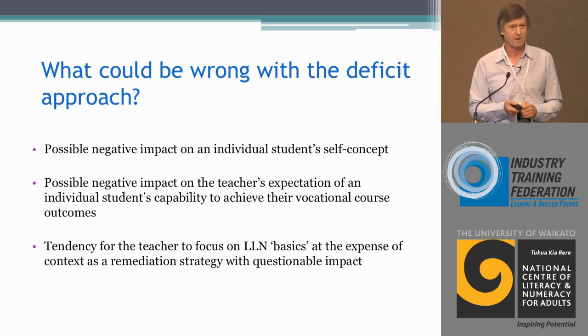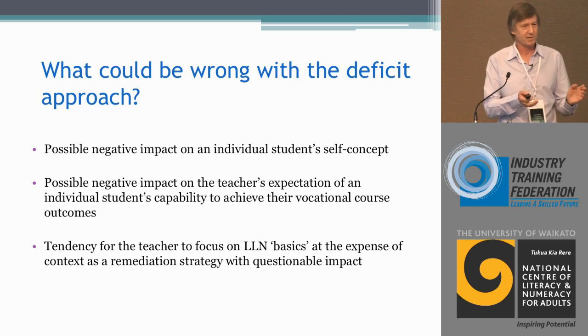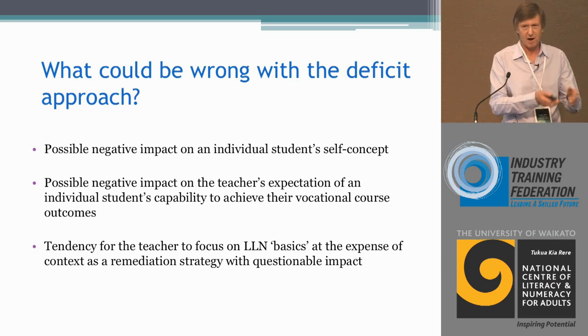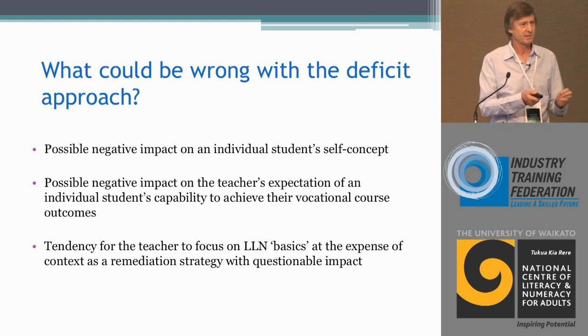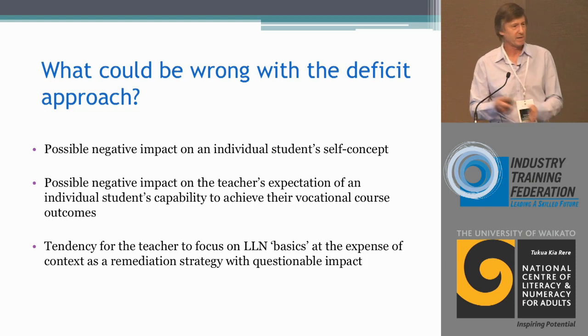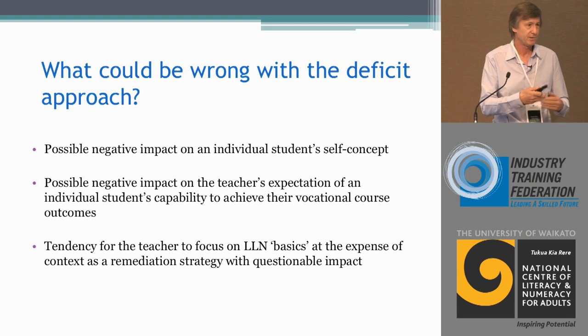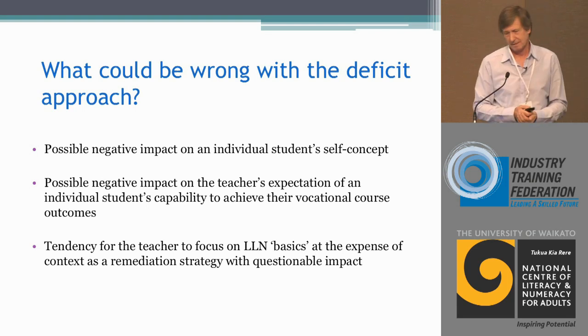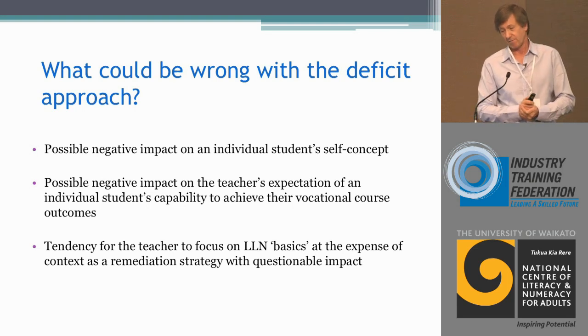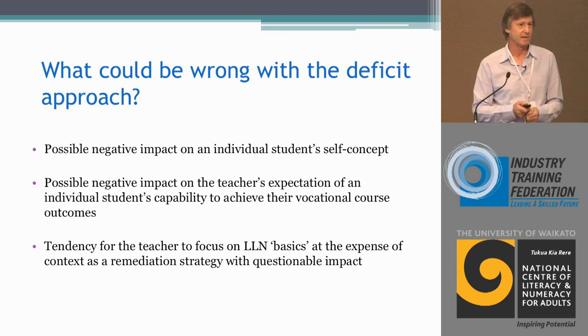You tell a teacher that they've got a class of high IQ students, and you compare that with telling a teacher that they've got a low performing group. Their expectations are higher for the higher performing group, and the results are that those students actually end up doing better. So there's a possible negative effect on the teacher's expectation in identifying a group as lacking.